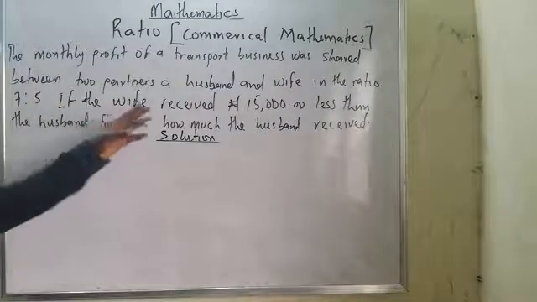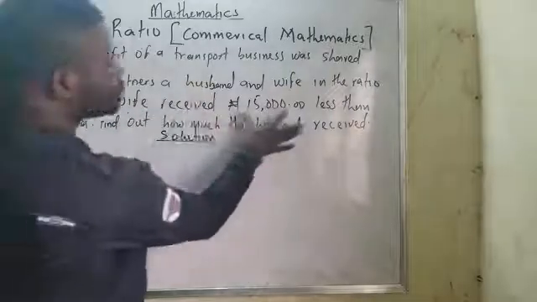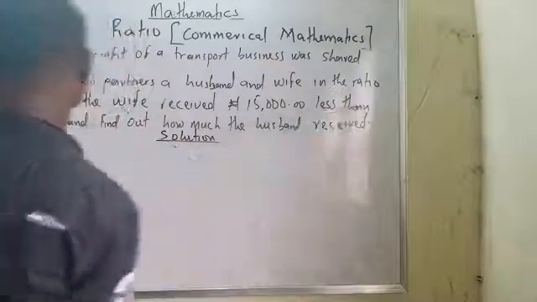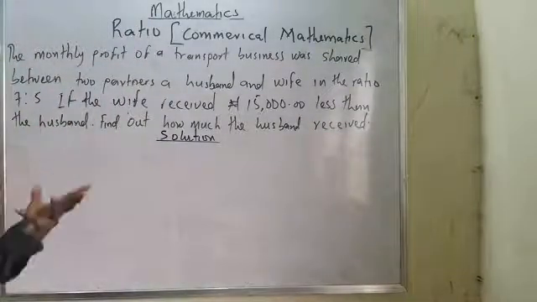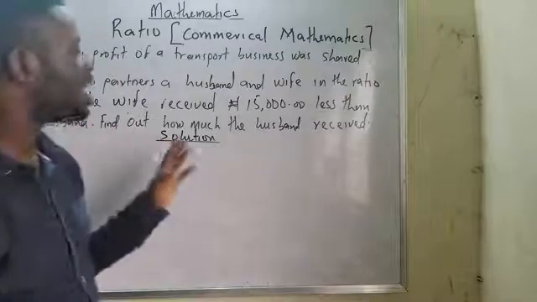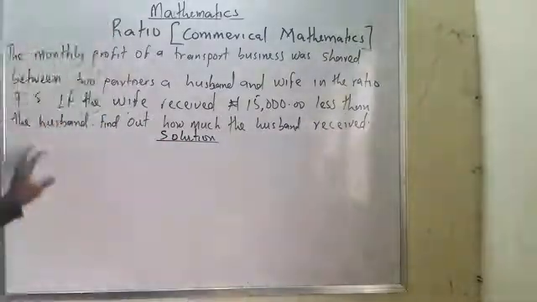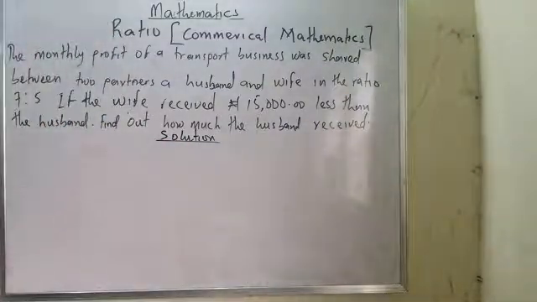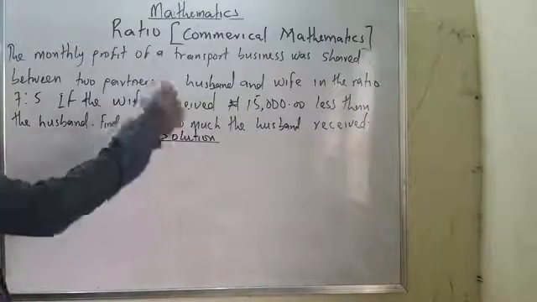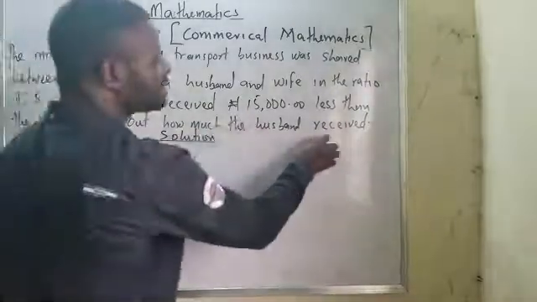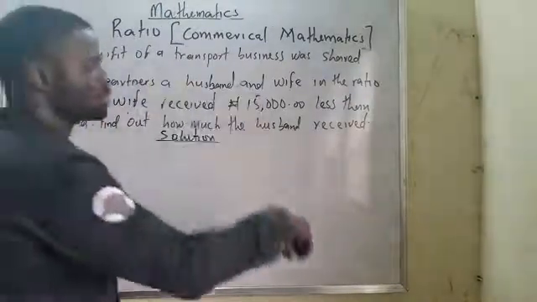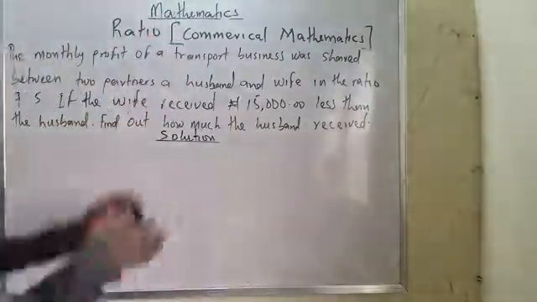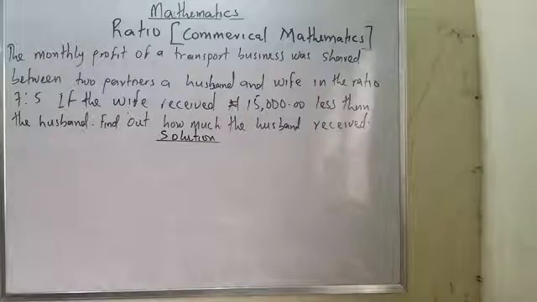If the wife receives 15,000 naira less than the husband, I know that this type of question gives people a problem. Find out how much the husband received. That is a very nice question.